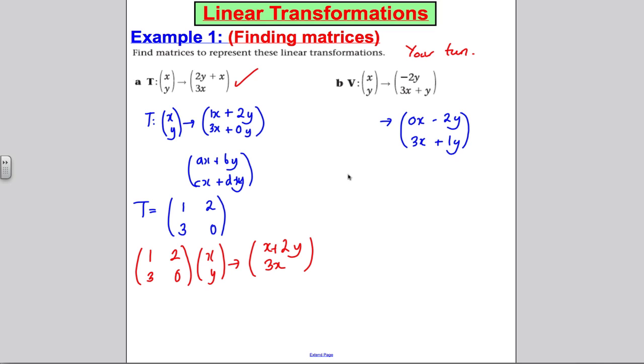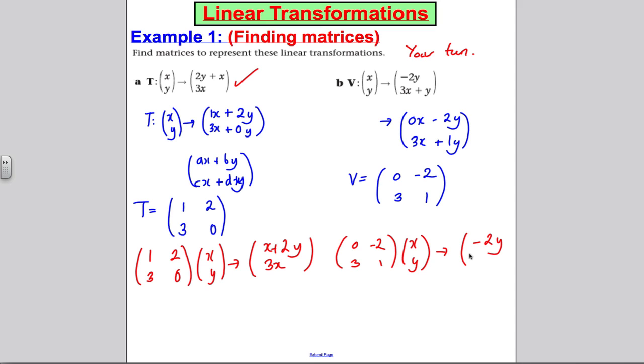So therefore, I'm saying that this matrix, I'm going to call it V, must be 0, negative 2, 3, and 1. And just to check that is indeed right, if I took 0, negative 2, 3, and 1, and multiplied it by x, y, let's just check I would get this over here. Well, I would get indeed negative 2y on top and 3x plus y on the bottom. And therefore, I've got the correct answer.